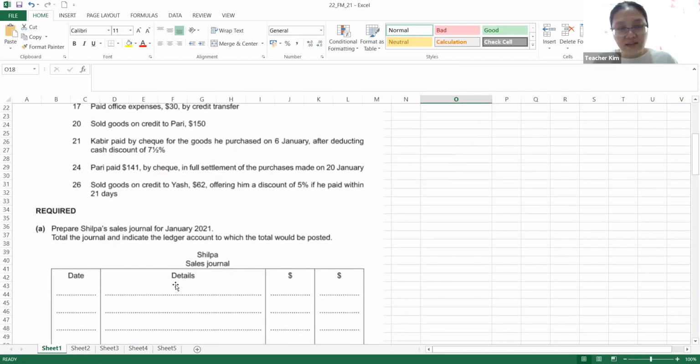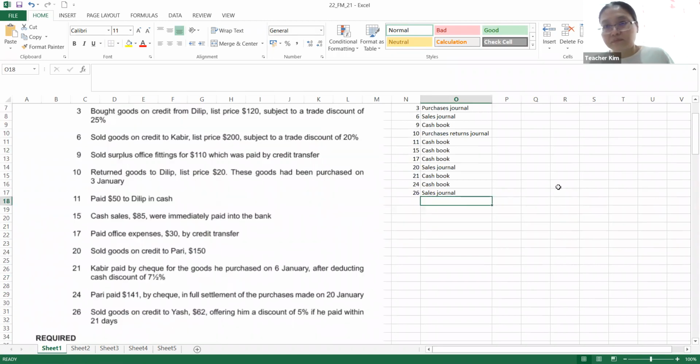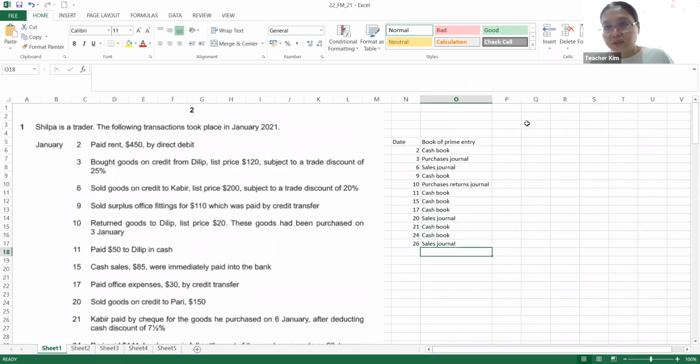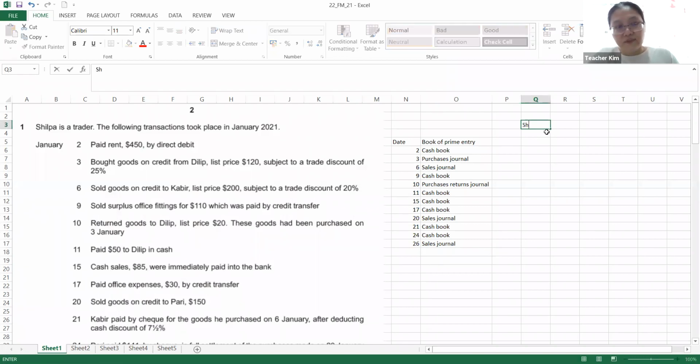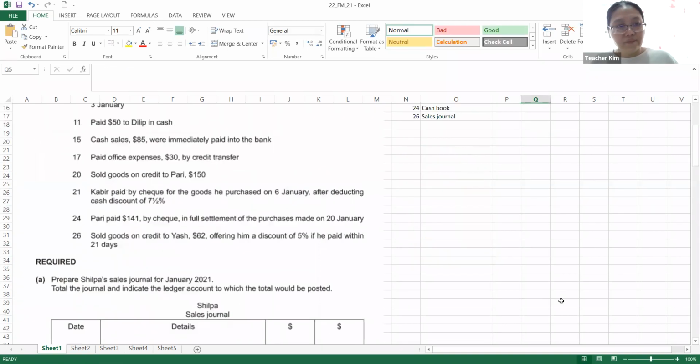So the first one, they asked to prepare the sales journal. So let's put into here. Pipa sales journal. Okay.